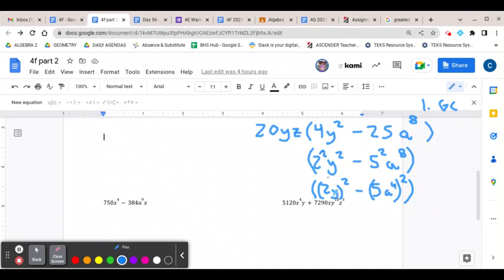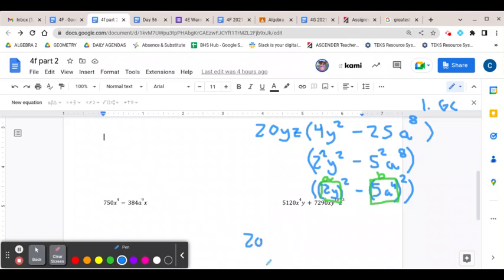Okay, so our a term, I know I'm running out of room, our a term is 2y, and our b term is 5a to the 4th. And we have a difference of squares. The difference of squares formula, if you go back to the 4F notes, is a plus b times a minus b.